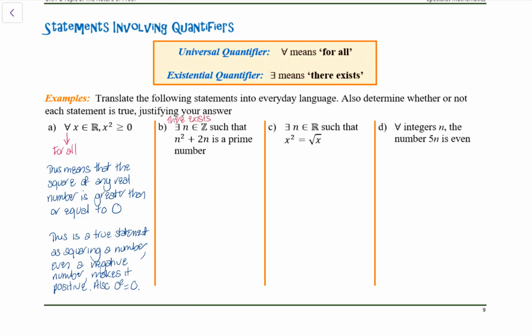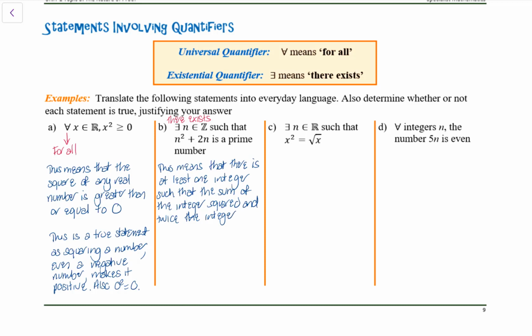So this means that there is at least one integer, because it's dealing with Z, such that the sum of the integer squared and twice the integer is prime.